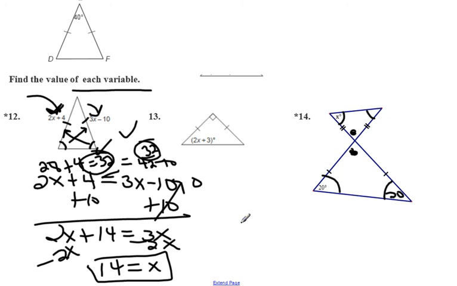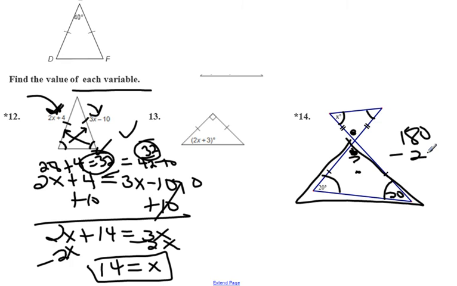So I'm going to start with this triangle here. We have 20, 20, and then missing out of 180 degrees possible. So I'm going to subtract 20 more. So that means that this angle is 140 here. That's what's left out of 180 degrees possible.